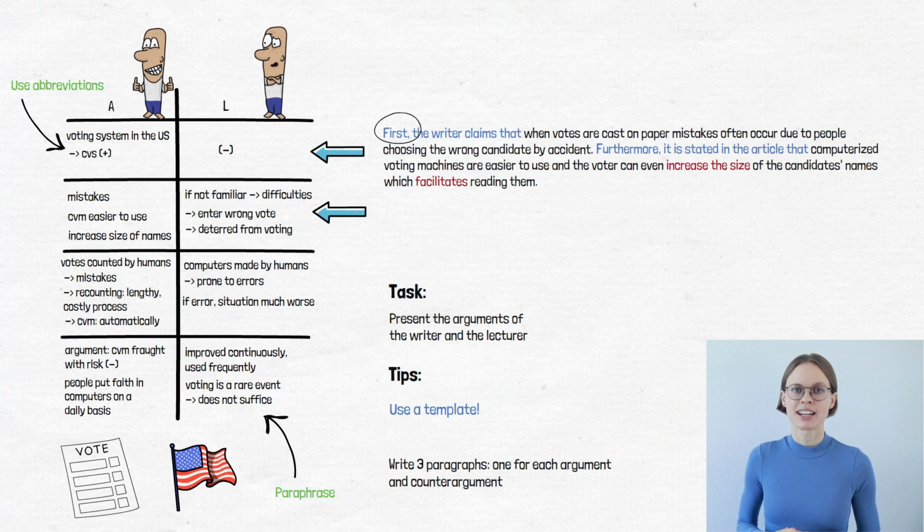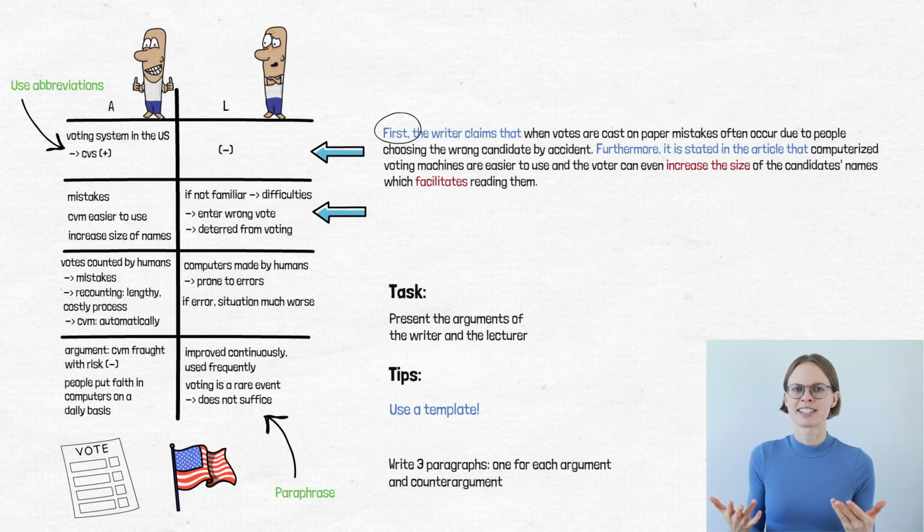Furthermore is a great linking word if you want to talk about another idea of the writer. And I went on, I said, it is stated in the article that. I didn't want to say again, the writer claims that, because I already said this in the sentence before.